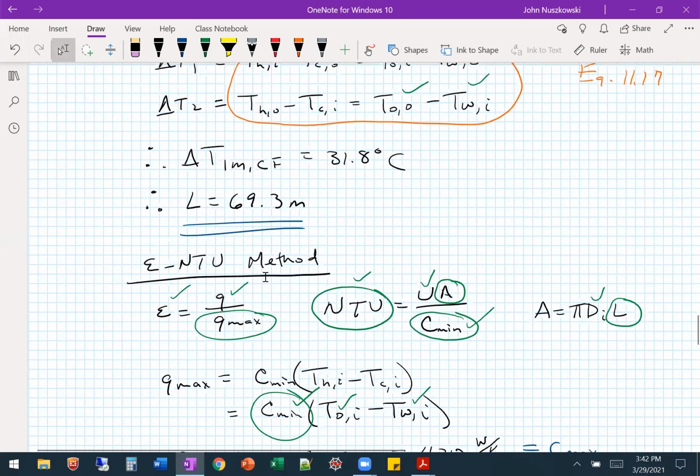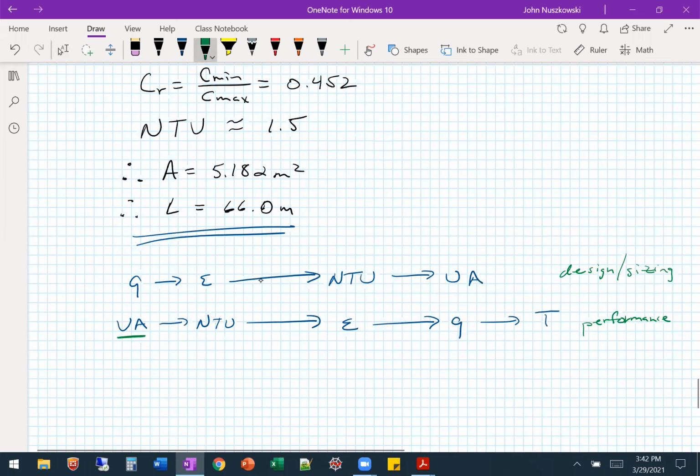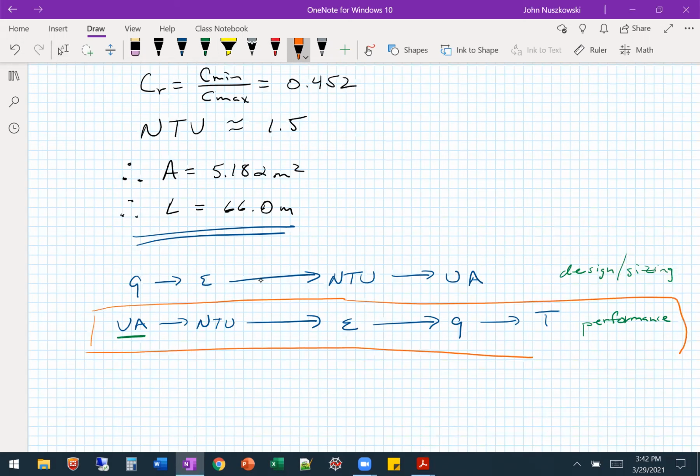The other thing to think about is when you go this route down here, it does not require you to know any outlet temperatures to be given.